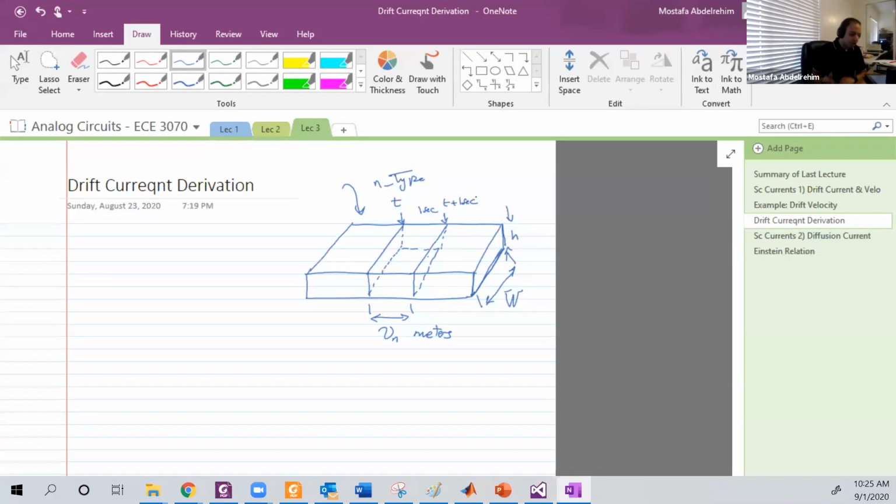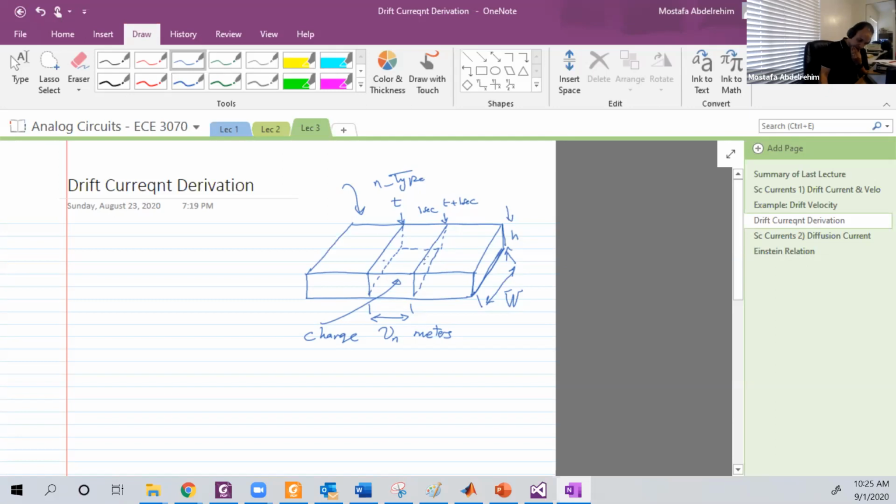That's good. So if we calculate the charge inside this small volume that has length of Vn, width of W, thickness of H, then we can know the current, because this is the total amount of charge that passes through in 1 second. So whenever we pass from this location to this location, we pass in 1 second.